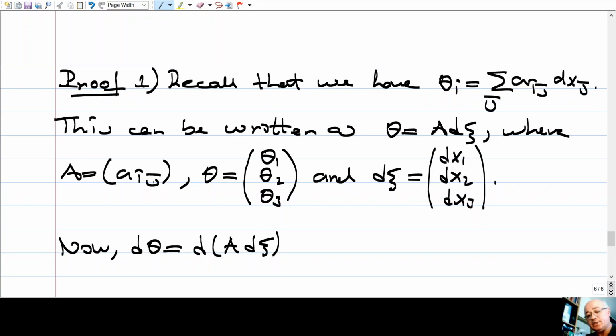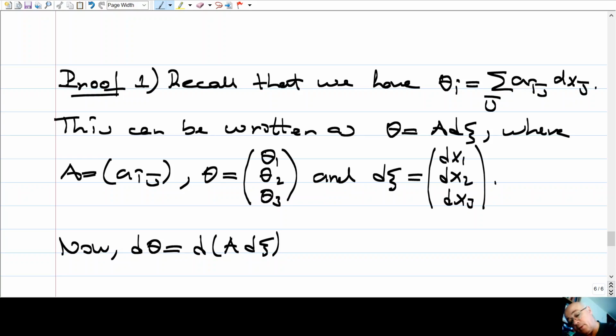Each entry is a sum of terms a_ij times one of these. So when I take the derivative, I just apply the Leibniz rule: the derivative of a_ij wedge with this term, plus a_ij times the derivative of this. But the derivative of the dx_j's is zero, because they are already derivatives of something. So when you take d of this, you get zero.